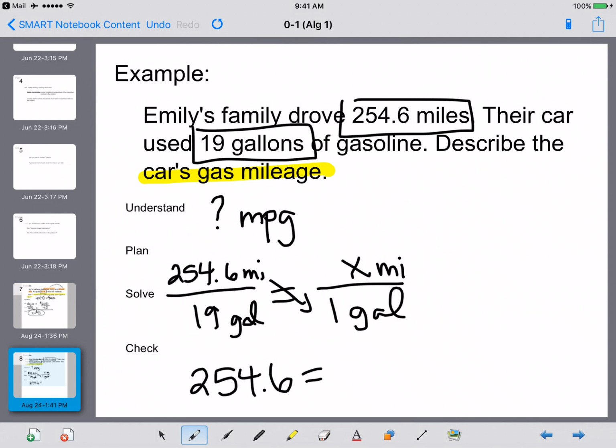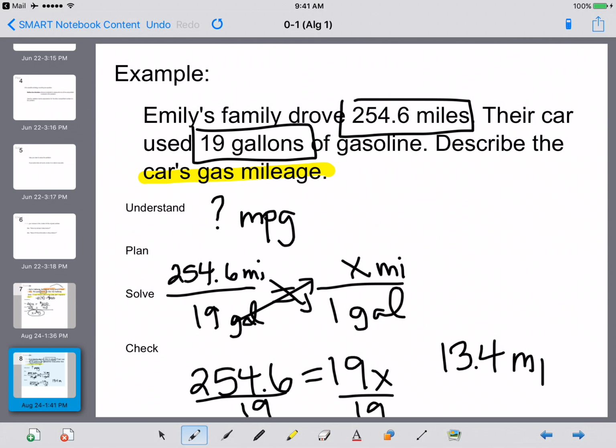And that will equal 19 times x, which is 19x, because we don't know what that variable stands for. And now, get the x by itself. Divide by your coefficient. And 254.6 divided by 19 is 13.4 miles per gallon.